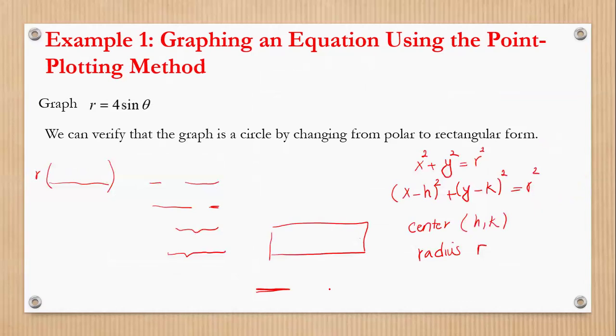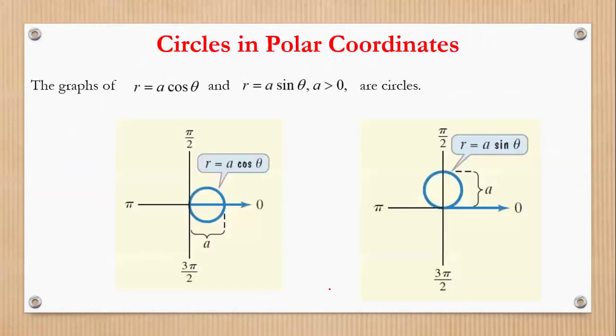So what's the result? The result tells me that anytime I have an equation in this form, r equal a cosine theta or r equal a sine theta, I always have a circle. If it's a cosine, the circle is along the x-axis, as you see in this picture.